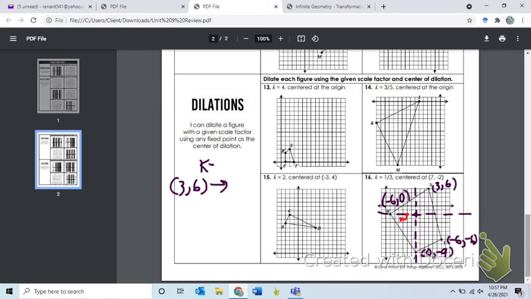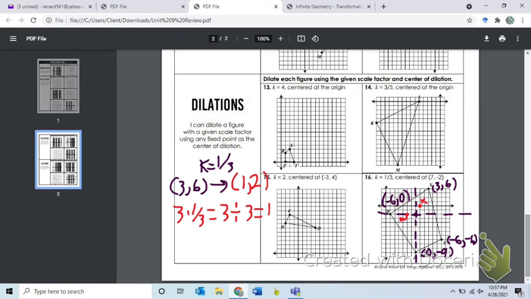(3, 6) becomes (1, 2). And that's because 3 times 1/3 is the same thing as 3 divided by 3, or 1. 6 divided by 3 is 2. 9 divided by 3 is 3. So W prime becomes (-2, 0) again.